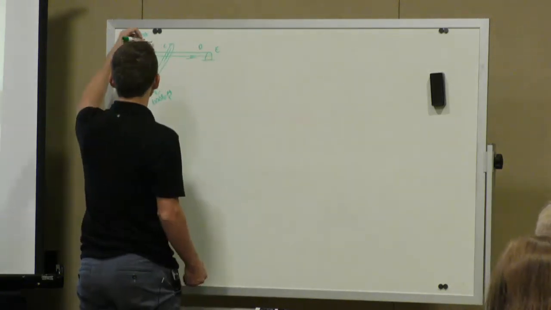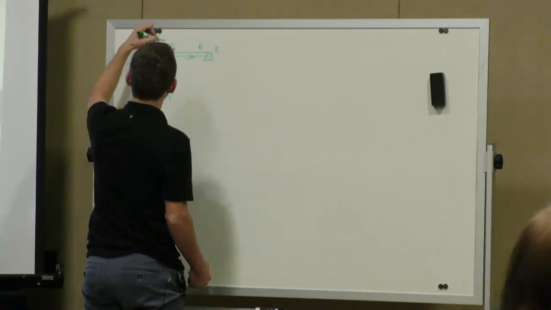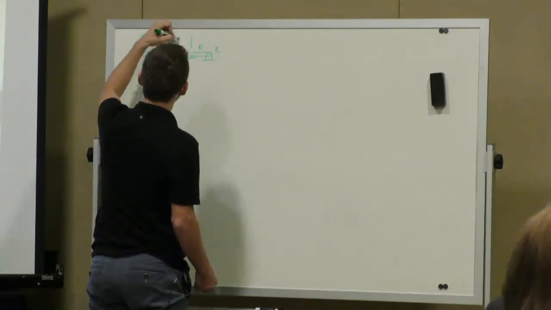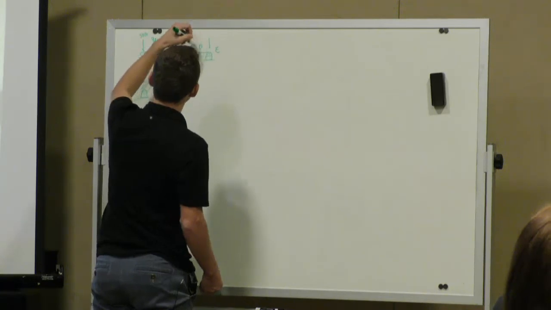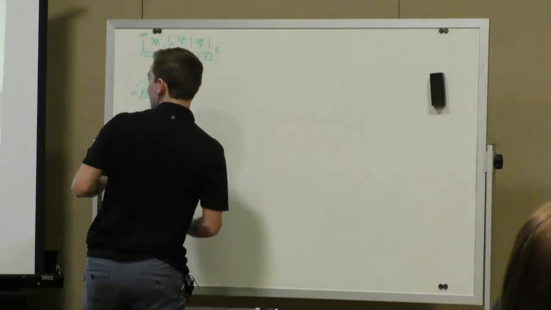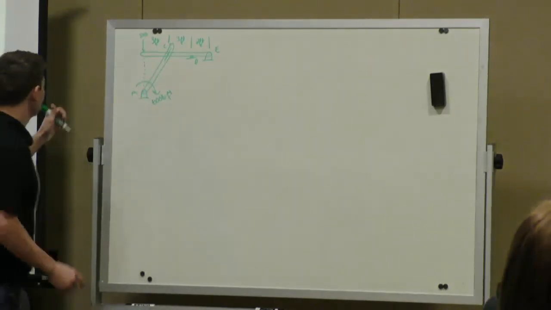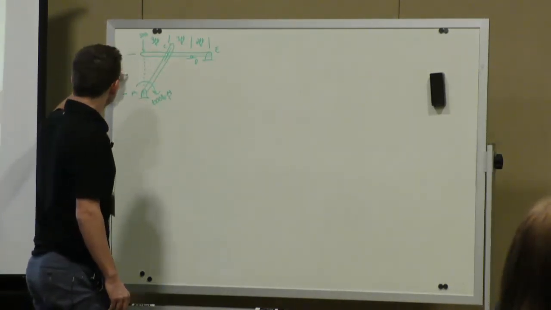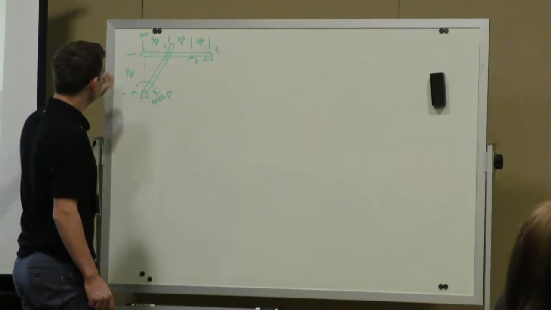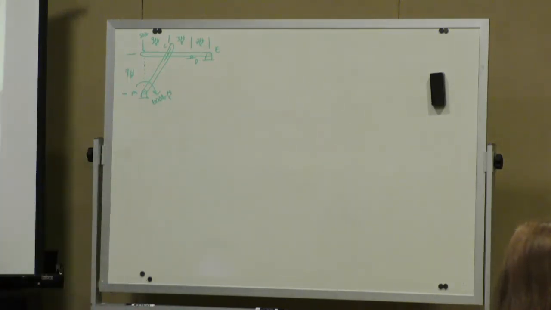We have several distances. This is 3 feet to C, 3 feet between C and D, and 2 feet between D and E, and a height of 4. So the question is asking to determine the support reactions at A, D, and E.